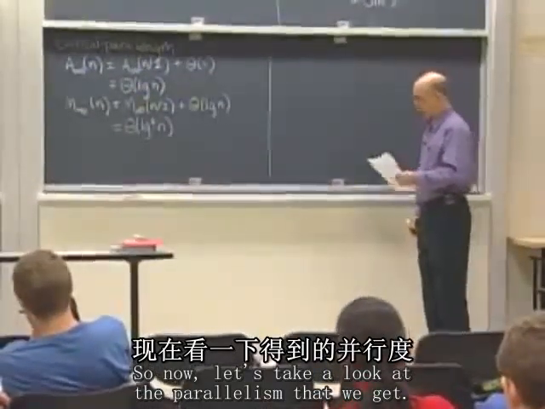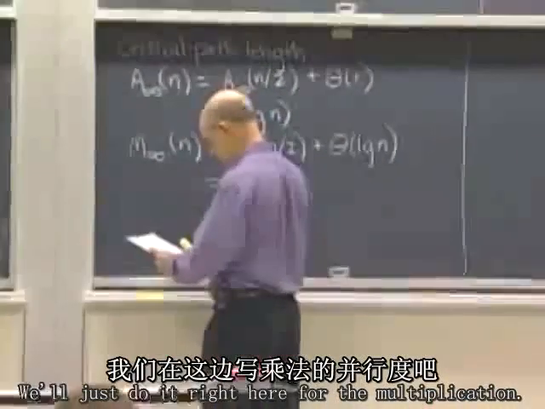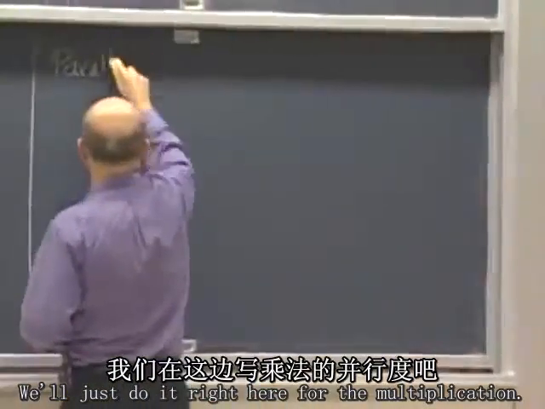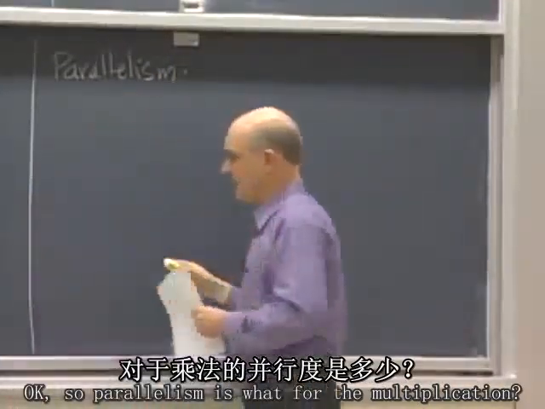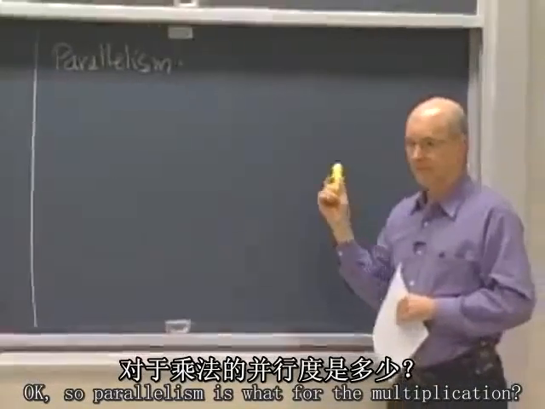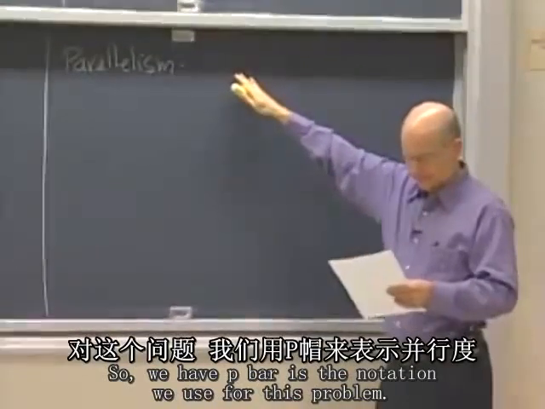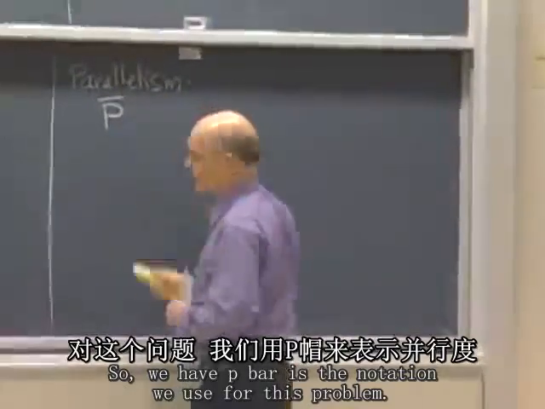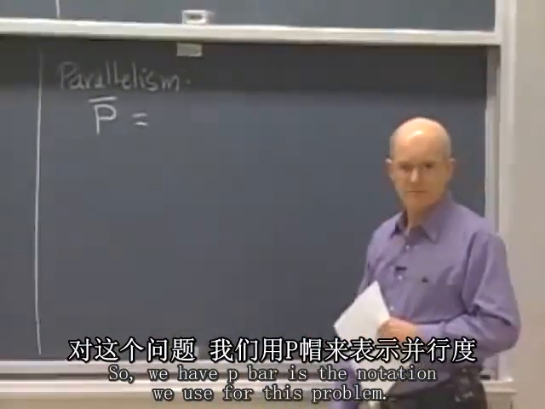So now let's take a look at the parallelism that we get for the multiplication. So parallelism is what? What's the formula for parallelism? We have P bar as the notation we used for this problem.